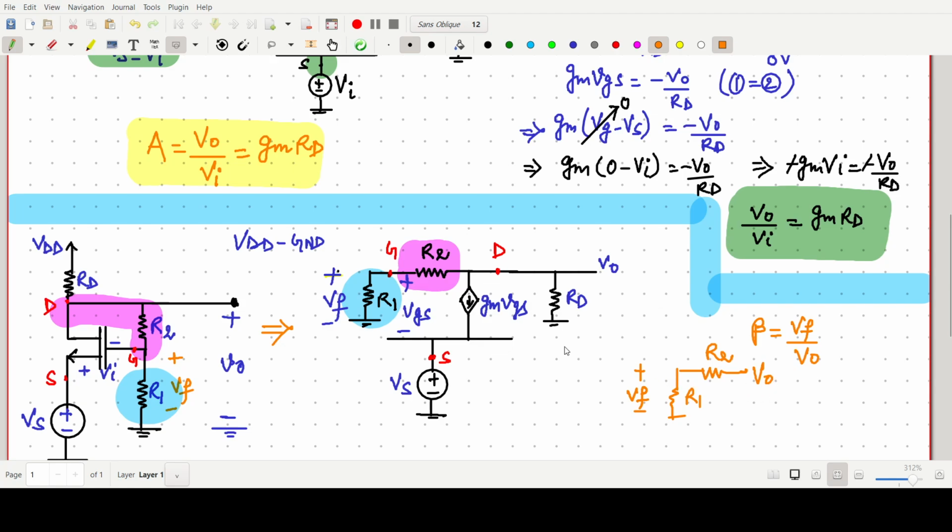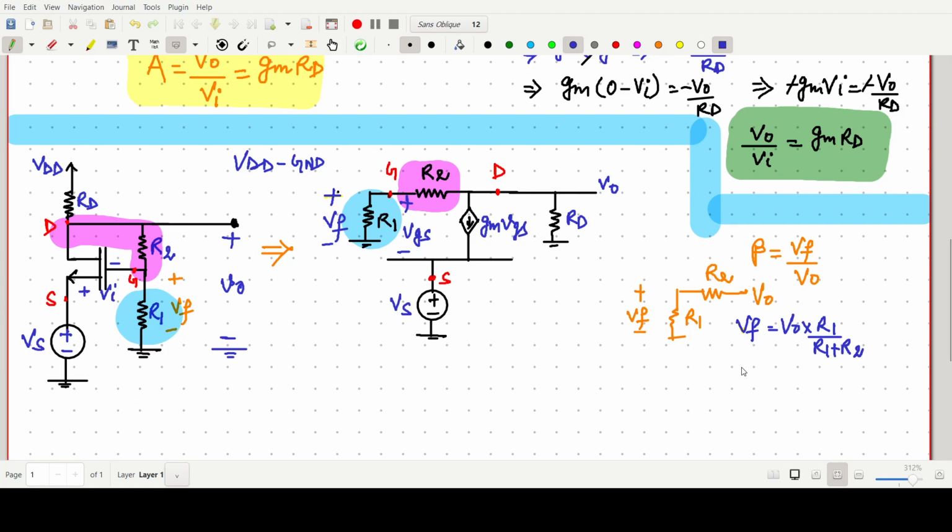So we can simply write the expression for Vf: V naught, this voltage, into simple network concept R1 by R1 plus R2. So we can write Vf upon V naught, that is our feedback factor beta, R1 upon R1 plus R2.